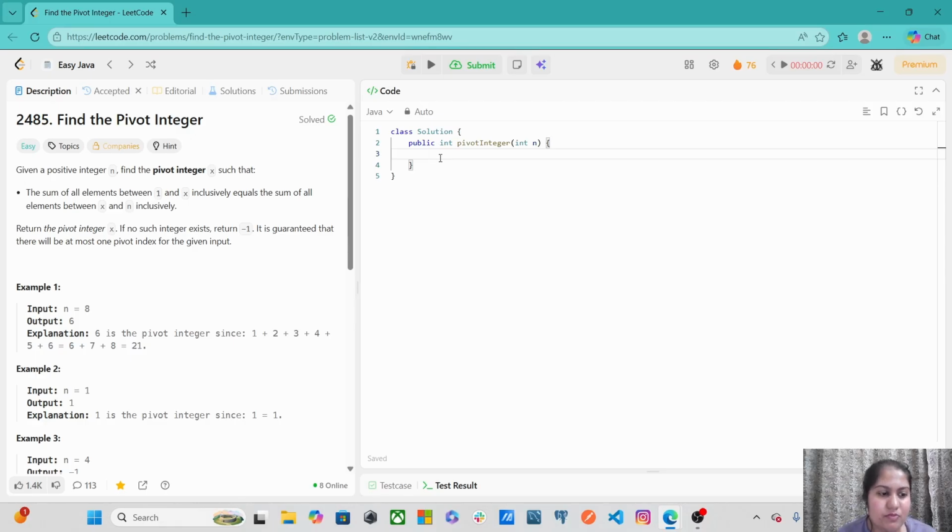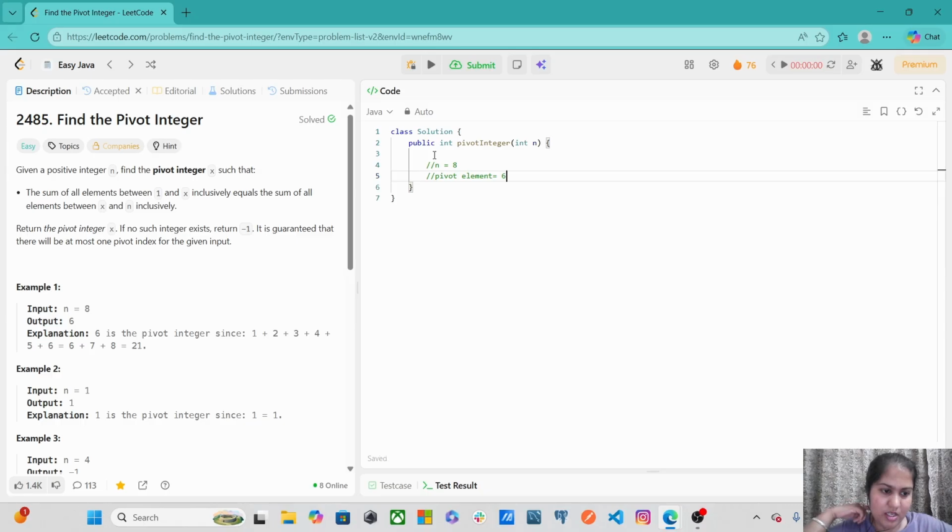So guys, we are given with an example. If integer n is equal to 8, then its pivot element is 6. How is it 6?